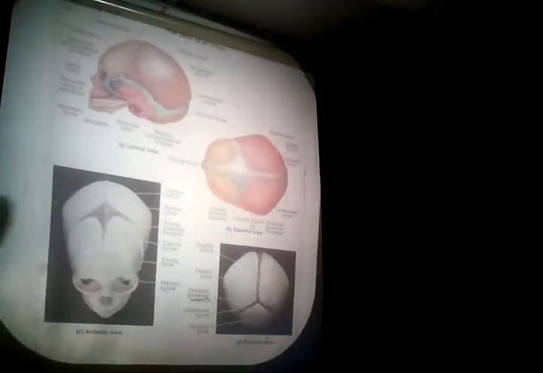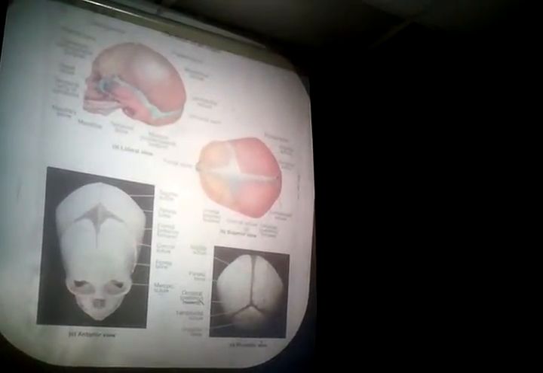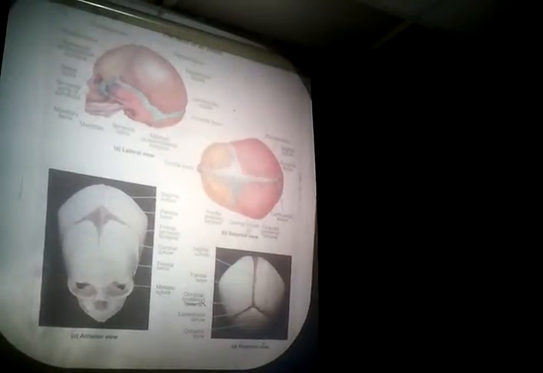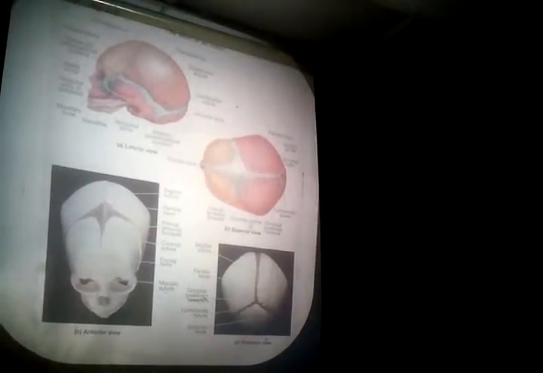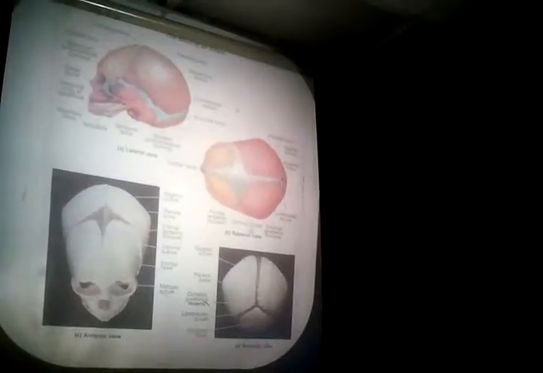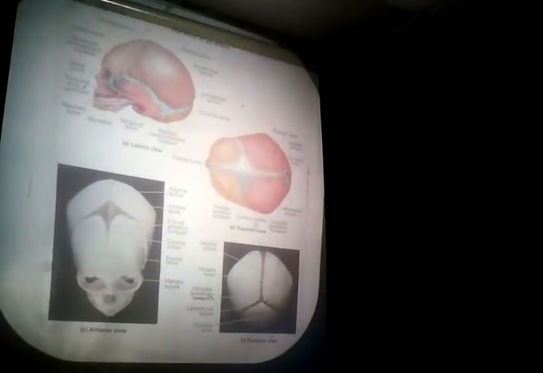Make sure you're able to know them on this fetal skull here. You're able to label them, and make sure you know the functions of the fontanelles. What were the functions again? They're for the ease in birth and for brain growth. They're listed on your yellow sheet.